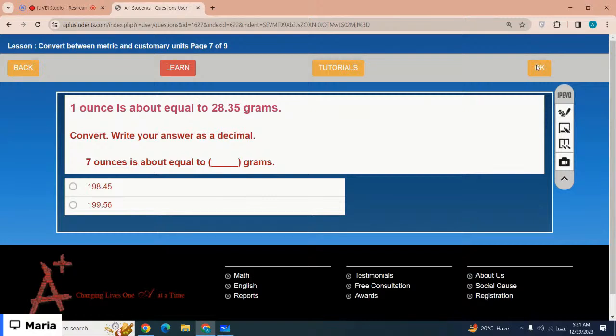One ounce is equal to 28.35 grams. Convert, write your answer as a decimal. So 7 ounces is equal to how many grams? Which is the correct option?